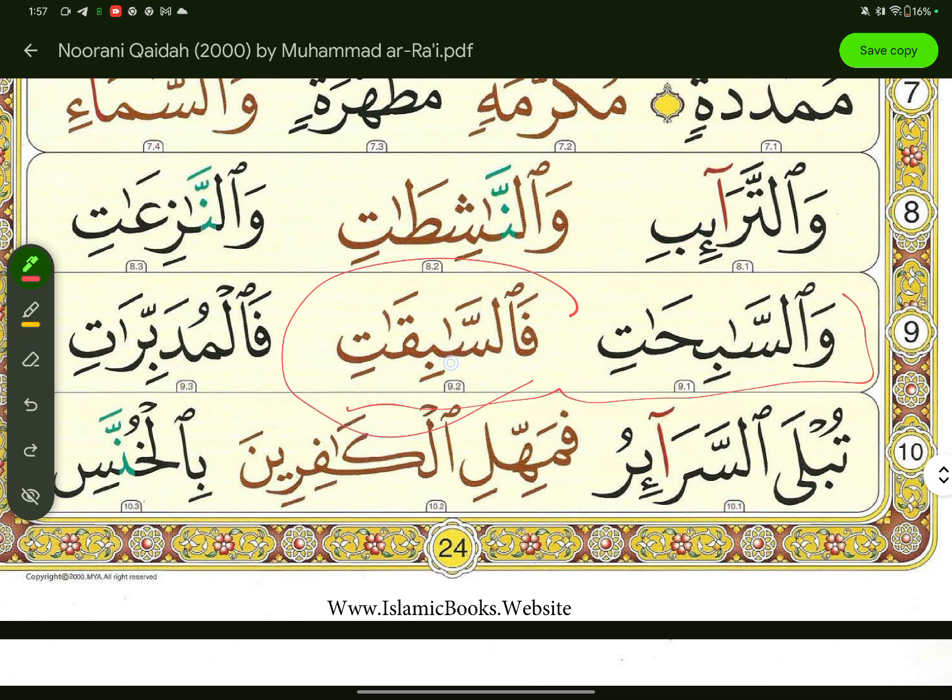This one. No, it's a fa. Fasa. Be. That two dots is kaf.